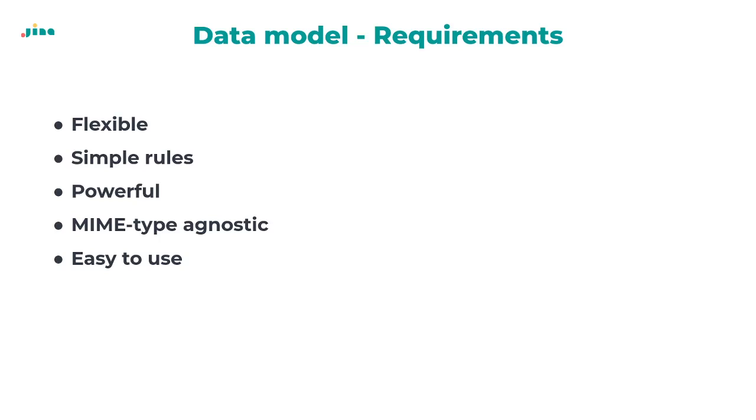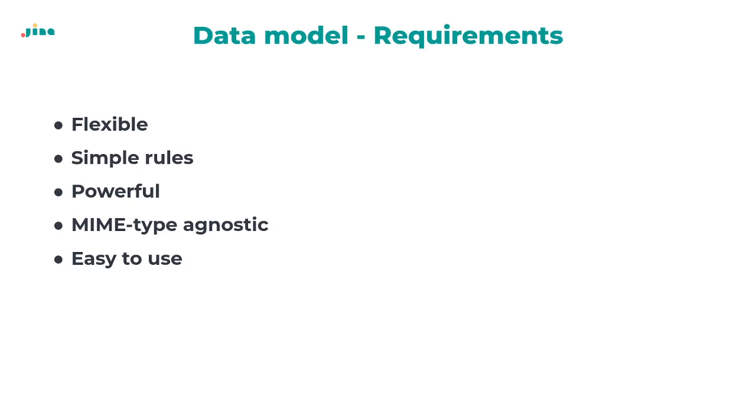So let's check back to our requirements. We wanted it to be flexible. Well, yes, we can go on every level of complexity, on any chunk level, so that's possible. It has simple rules. You somehow just have to define on which level of information you want to apply things. It is powerful. We still can do all the chunking, we can use it together with all the different executors that we can think of.